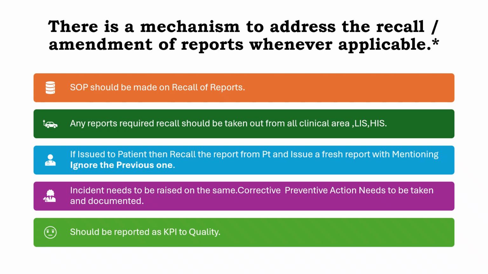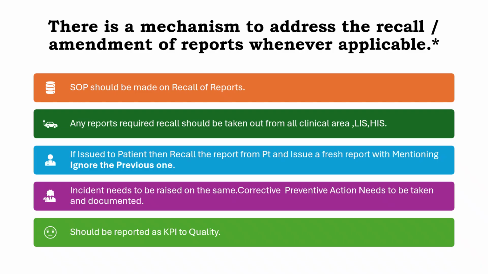There is a mechanism to address the recall or amendment of reports wherever applicable. So an SOP should be made on recall of reports: how you will do the recall, who will do the recall, and what needs to be done. The SOP should include that any report requiring recall should be taken out from all clinical areas, LIS and HIS also.